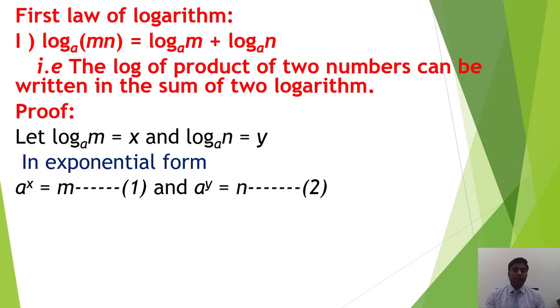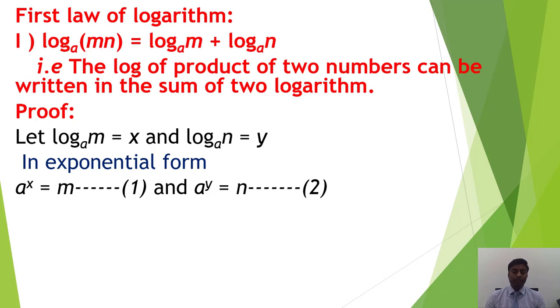Now we take the right hand side: log m to the base a plus log n to the base a. Let the first term of the right hand side, log m to the base a, be equal to x, and the second term, log n to the base a, be equal to y.